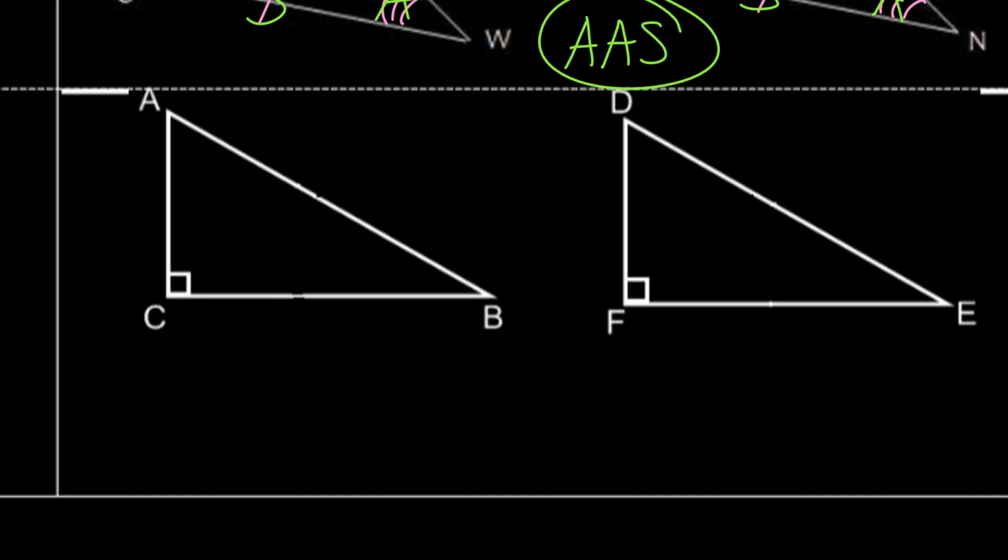Then you check, okay, is the hypotenuse congruent to the other hypotenuse? Well, we don't know. I mean, these are blank triangles right now. But where is the hypotenuse? A, B, right? The hypotenuse is the side across from the right angle. So AB is our one hypotenuse. And what's the hypotenuse on the right triangle? D and E. Beautiful.